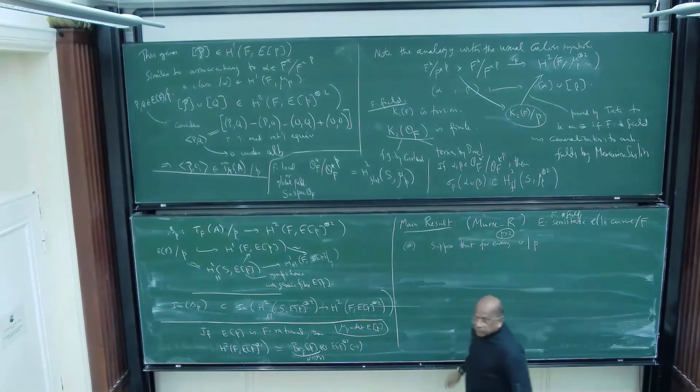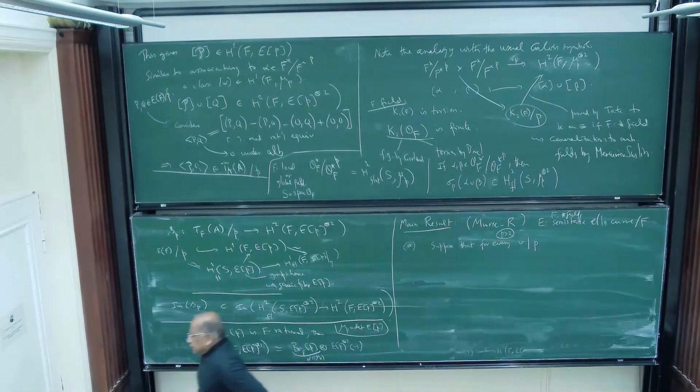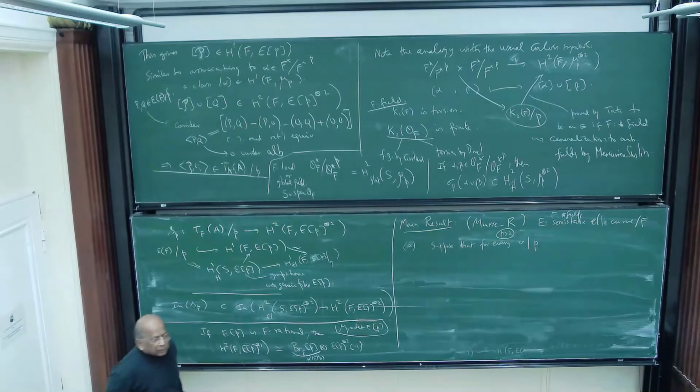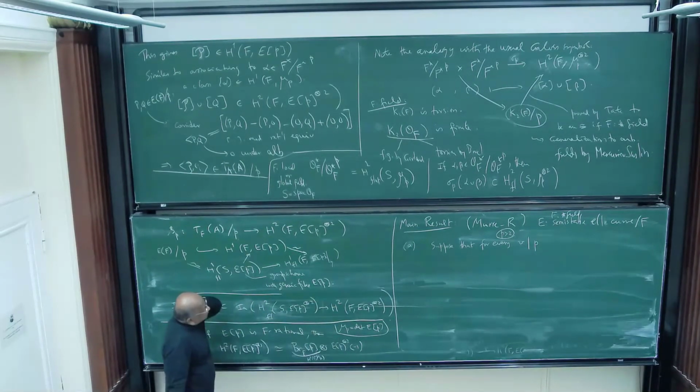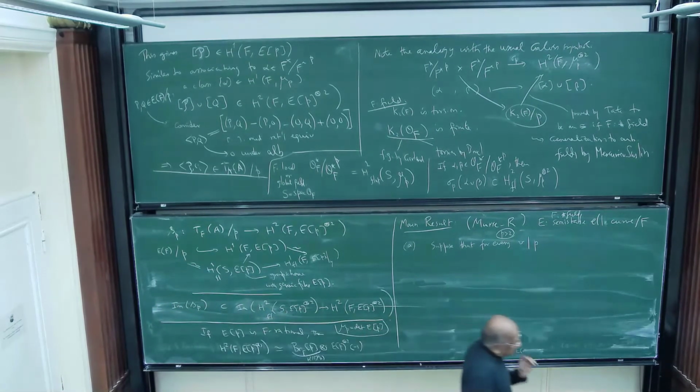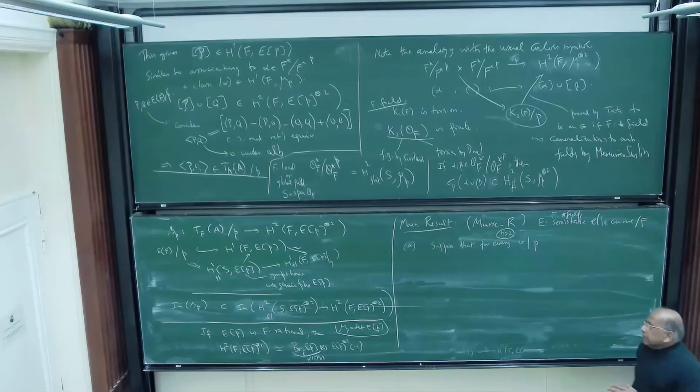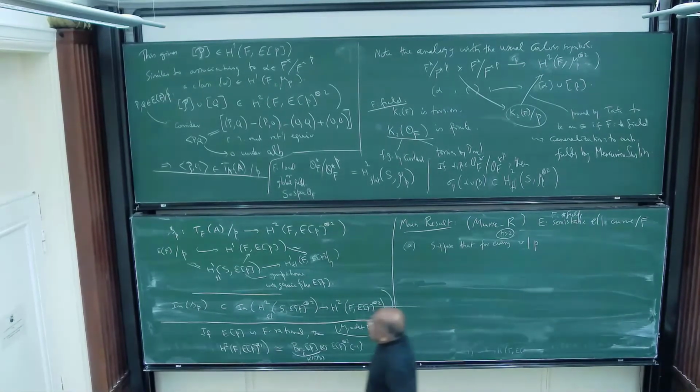There is a statement for 2 as well. And so the really key point is, once I go to the number field, of course, I'm going to look locally at what happens, and then look at the global-to-local obstruction, which is non-trivial a priori.